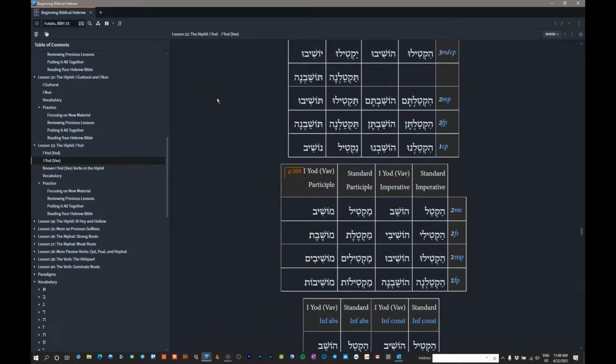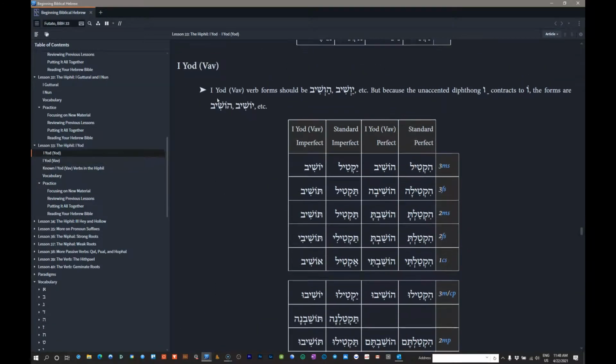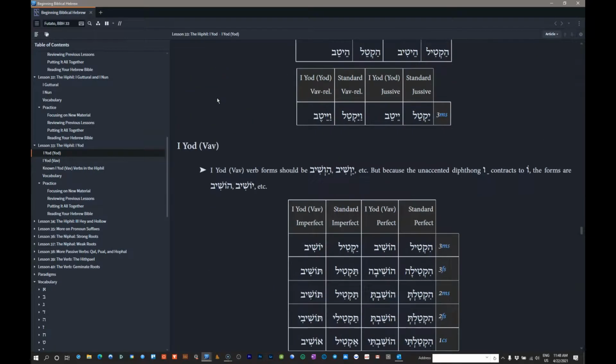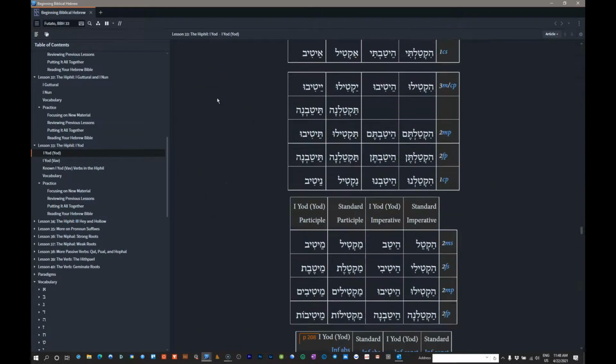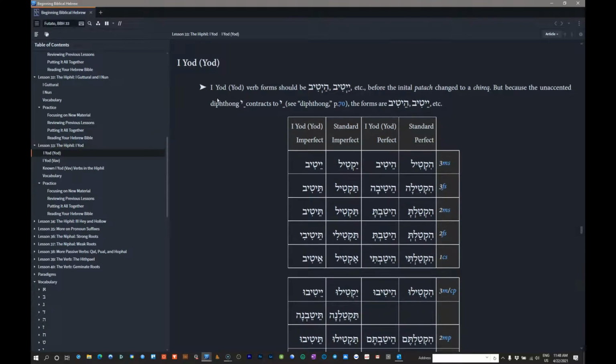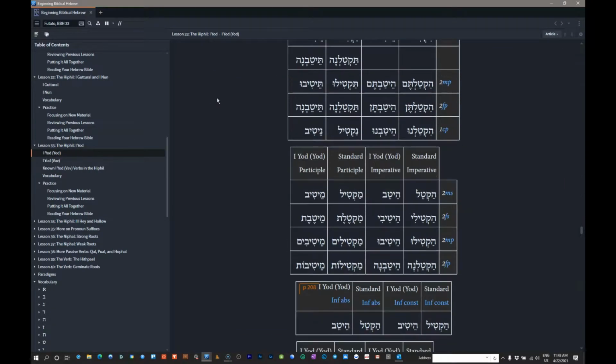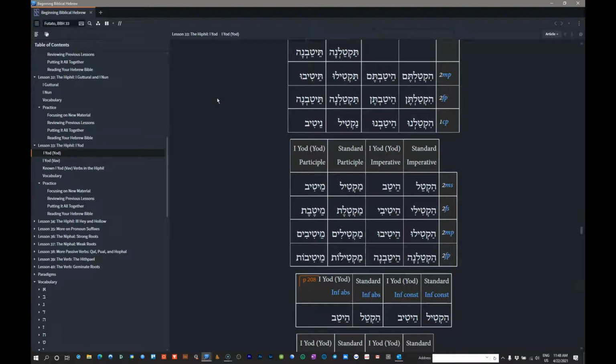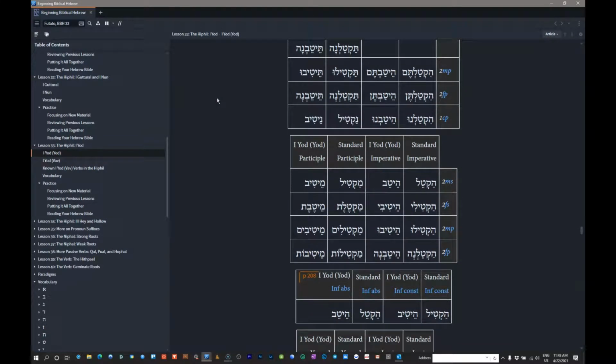We're used to seeing a patach for the infinitive construct, but what does this one yod vav do there? So let's go back up and look at our paradigm here. We want the true one yod, actually. All right. So where did our infinitive construct go? Oh, here we are.